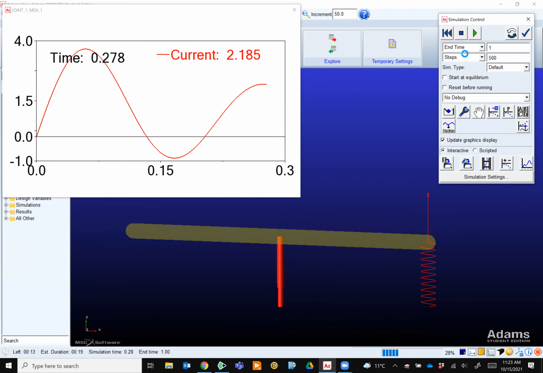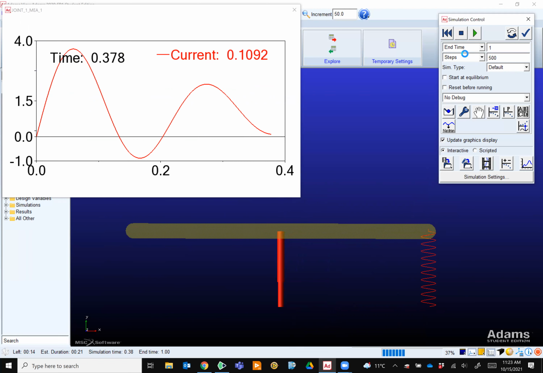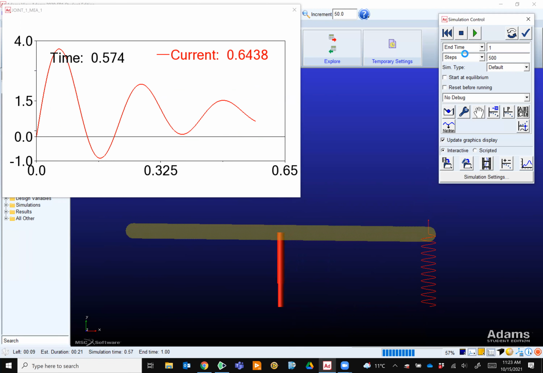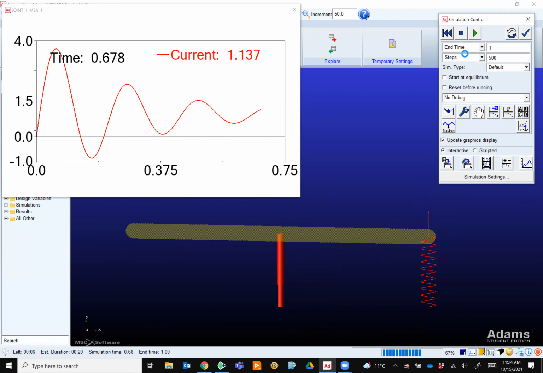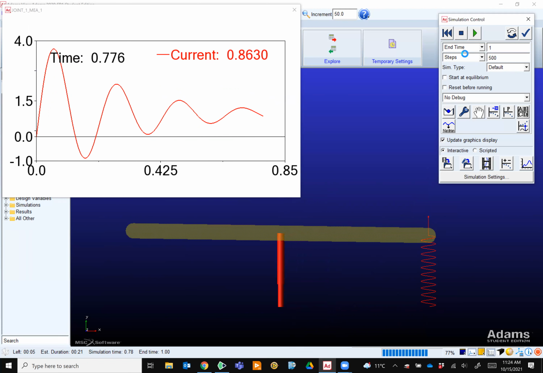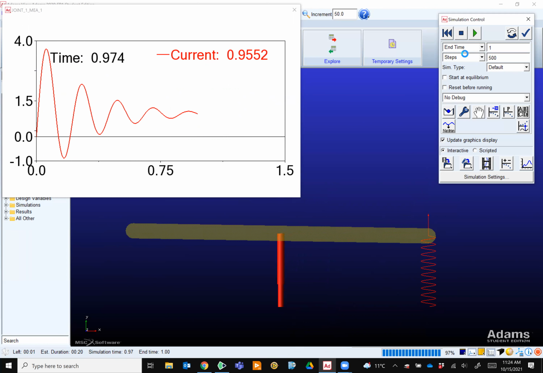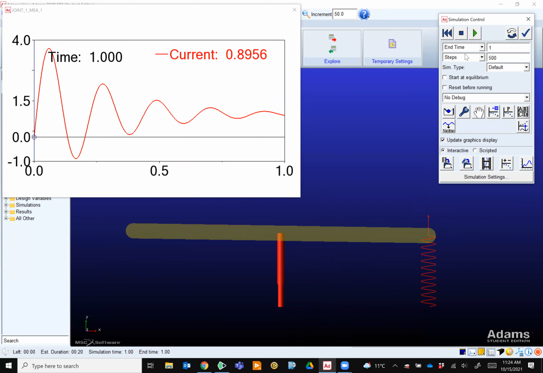This is what will happen in an actual system. All right? If we solve those equations, this is what will happen in reality. We give an initial condition to the system. It moves up and down, and it flattens out at the equilibrium position. All right. Any questions on this one?